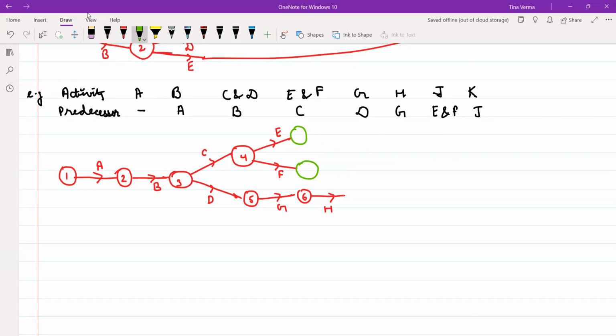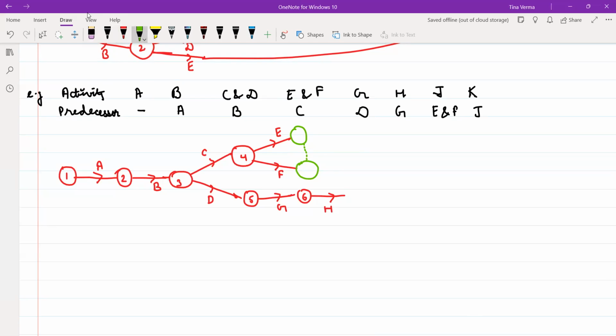Now you have to start your activity J when your E and F should be completed, right? Now E and F can be completed either by coming in this direction or by going in this direction. Now I do not require only E alone or only F alone in the further network, so you can take any direction, it will be okay. Is it clear? But if I require only E in further activities, I cannot take this direction, right?